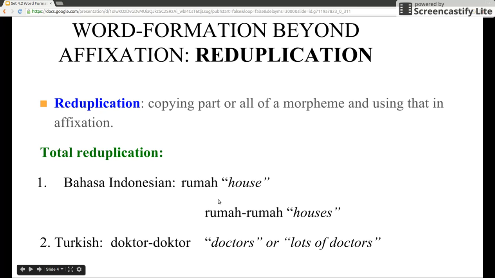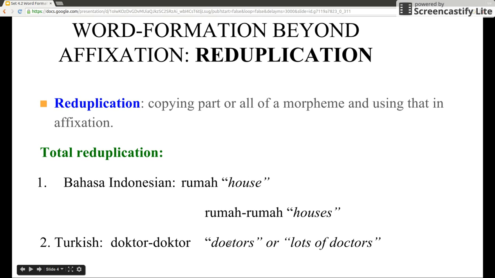So instead of adding something to the stem or to the root, we reduplicate the stem. So for example, in this language, rumah is house, and if we reduplicate the stem, then we got rumah-rumah, a plural form of the stem, houses.